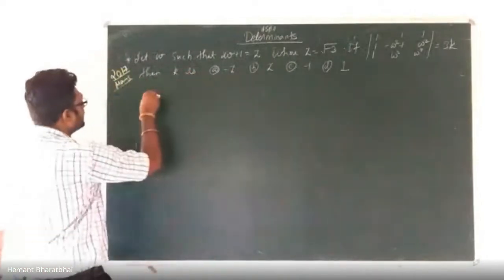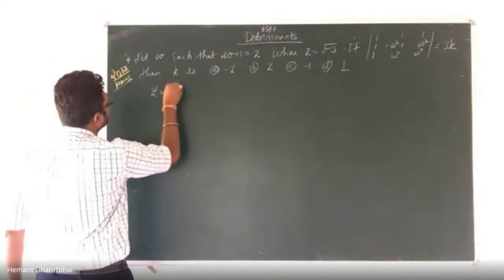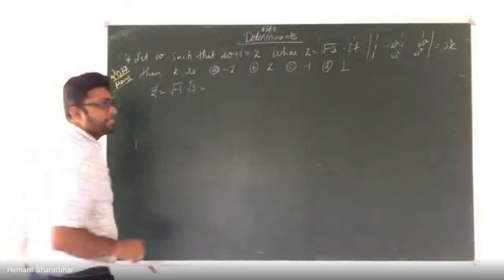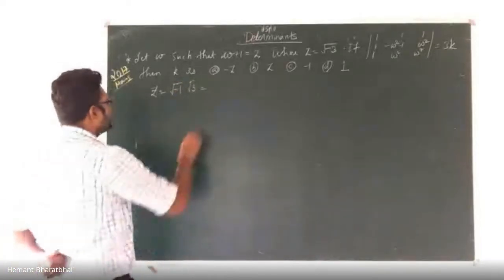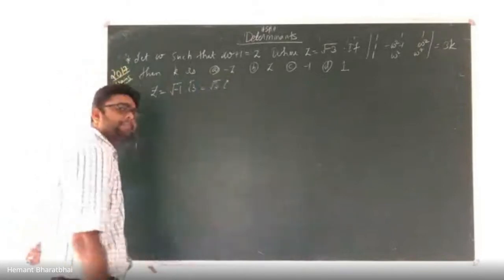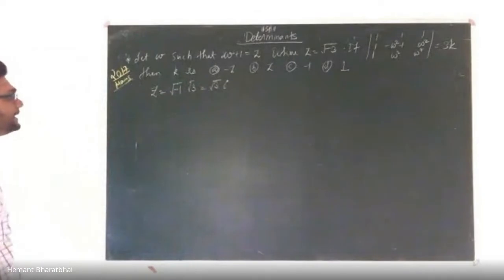So z is under root of minus 3, so z can be written as under root of minus 1 into under root of 3. And under root of minus 1 is nothing but i, so this will become root 3 i. The value of z becomes root 3 i.